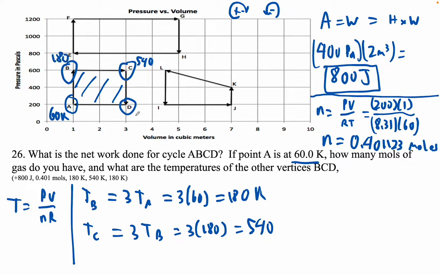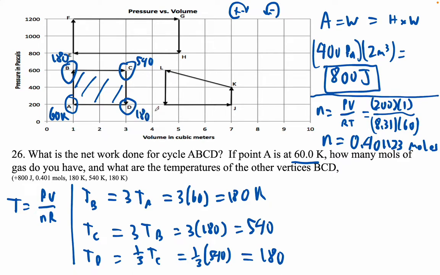And then D here, let's see. So D is we cut the pressure by a factor of 3, right? So the temperature of D is going to be 1/3 the temperature at C. So it's 1/3 of 540, which is 180 again.